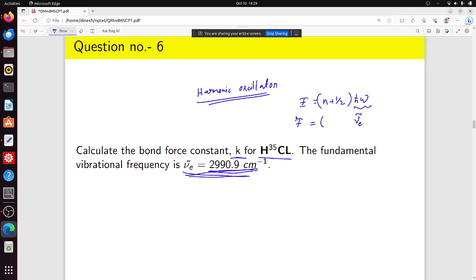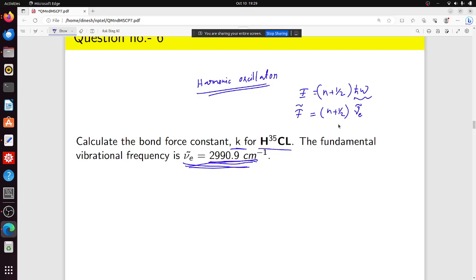Let's denote this energy to be F tilde(n) equals (n plus half) nu_e tilde. So this nu_e tilde, the transition line, is given. Now what you have to do, you have to calculate this K.